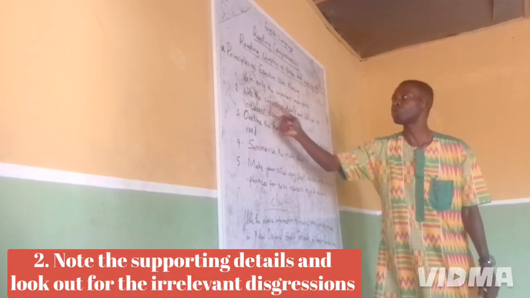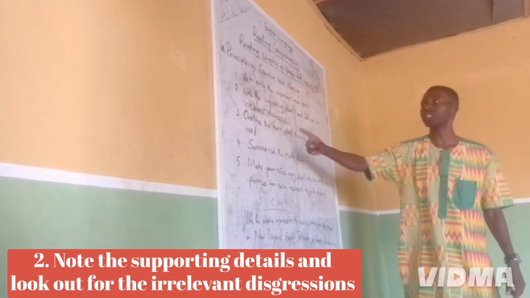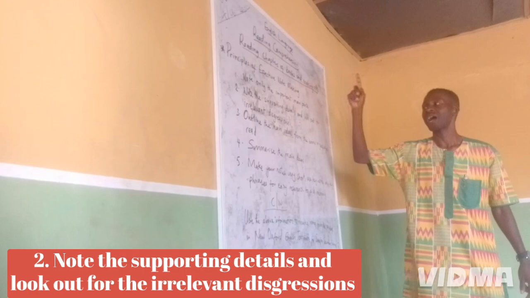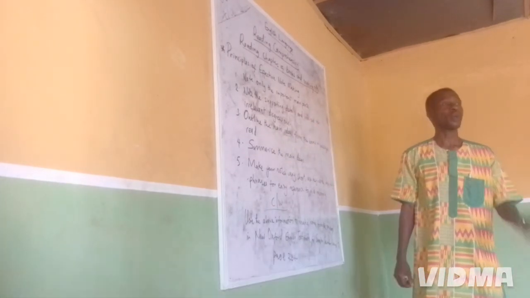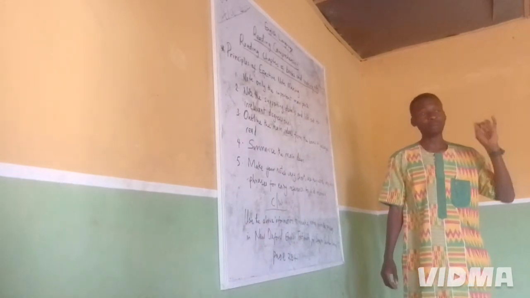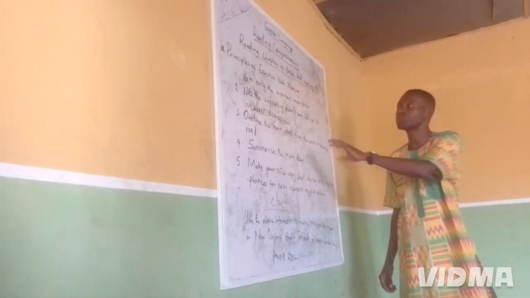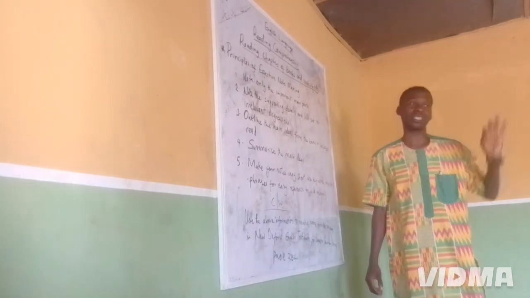Then number two, you note the supporting details and look out for the irrelevant digressions. How do you note the supporting details? When you have made your point, that is, it's like listing out the main point, then you need to find the supporting details that go with what you have listed out.